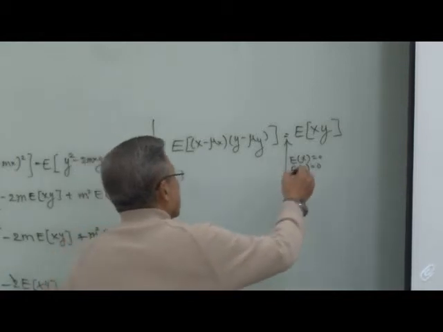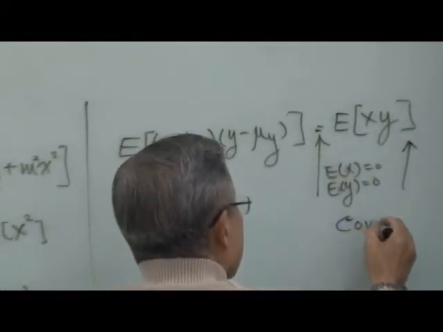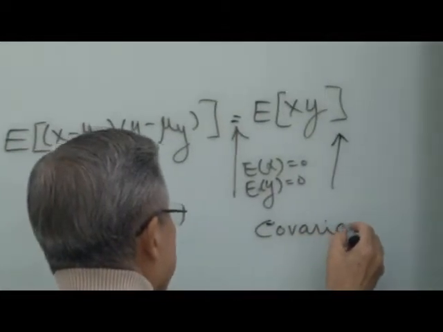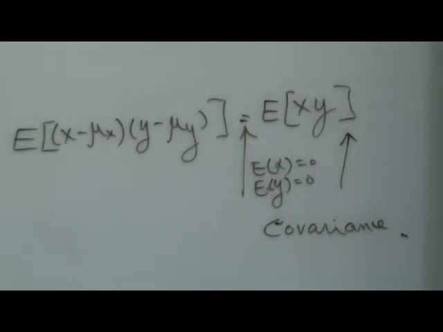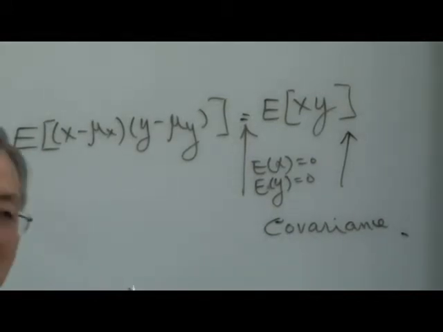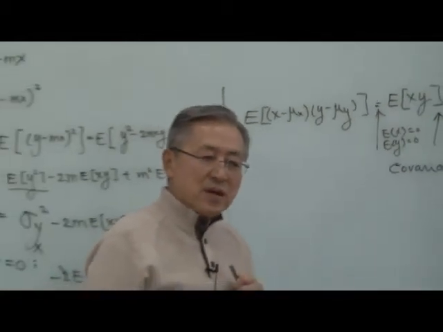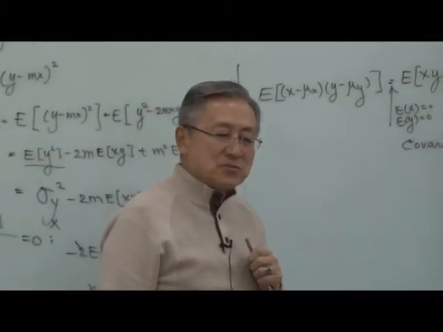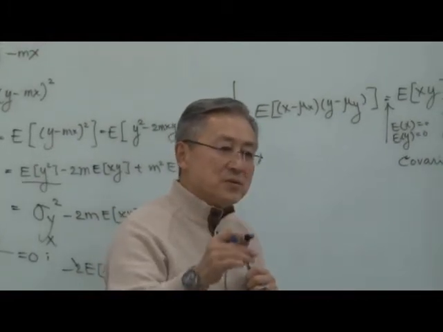So this is called covariance. If x and y are totally independent, but in this problem you can't assume that, because y is totally related to x.